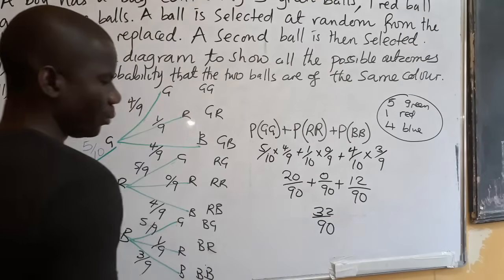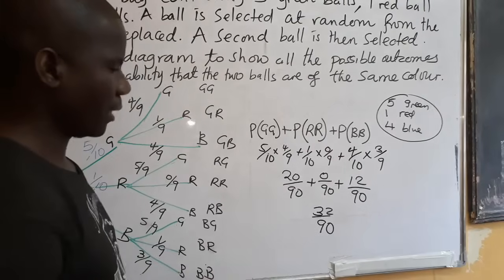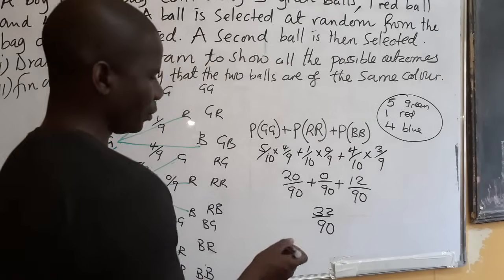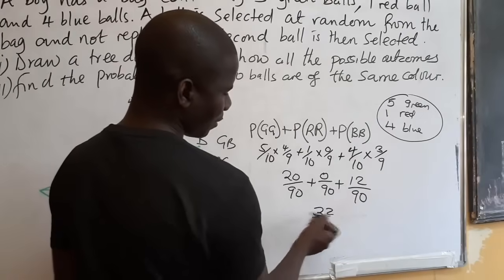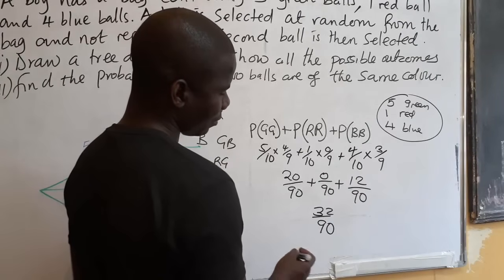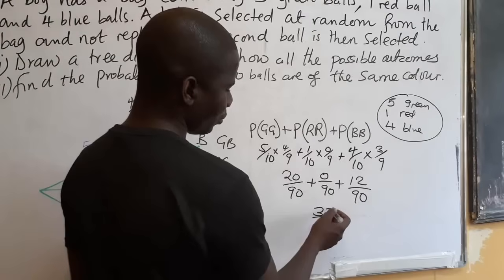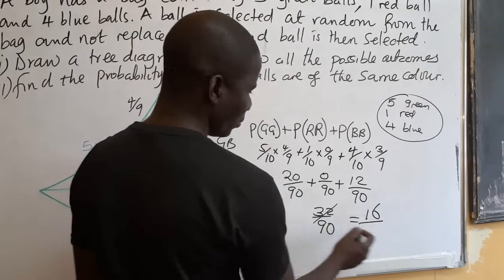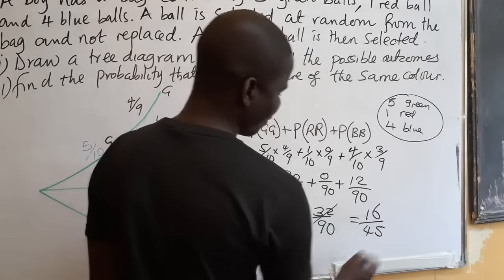Then at this point, we can look for a number that can go into both. For instance, let's deal with 2. 2 here, it's 16. 2 here, it's 45.